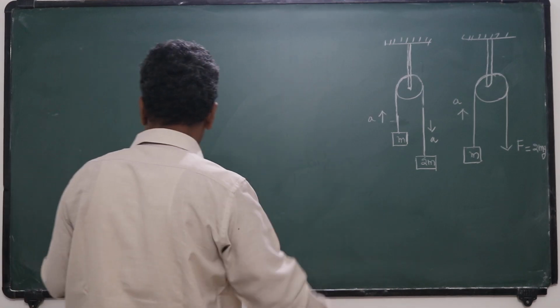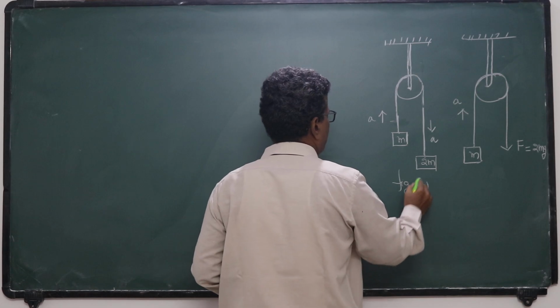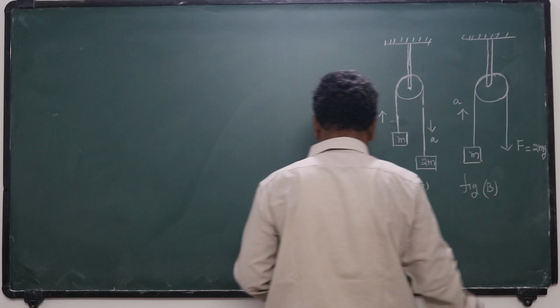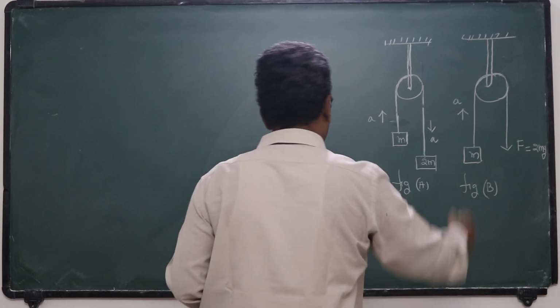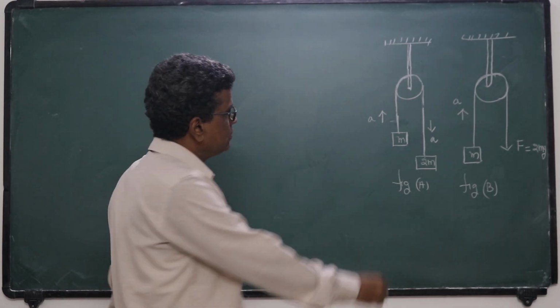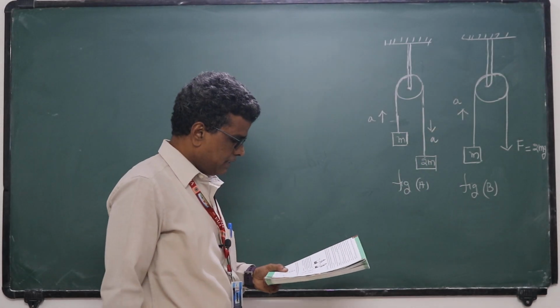So the two pulley arrangements in figure A and figure B are identical, okay. The mass of the rope is negligible, so the mass of this rope is negligible, that is ideal conditions.